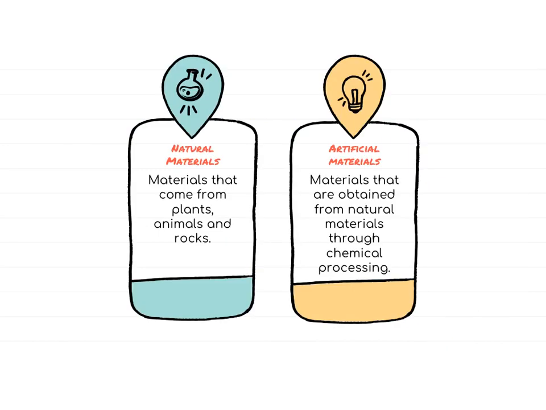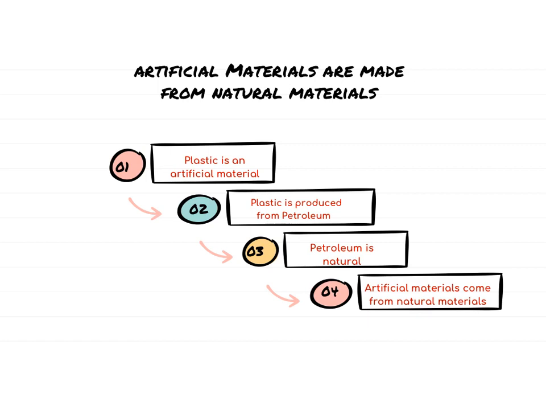So, in brief, natural materials are materials that come from plants, animals, and rocks. However, artificial materials are materials that are obtained from natural materials through chemical processing. This is a practical example that shows us that artificial materials are made from natural materials. So, let's start.